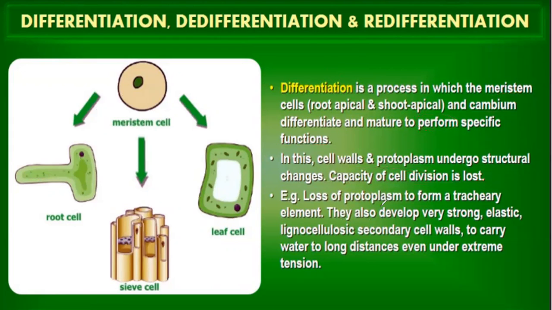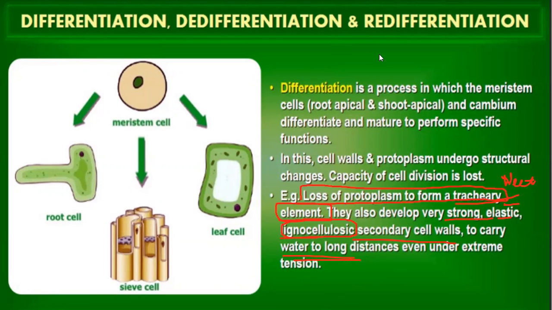For example, loss of protoplasm to form tracheary elements. Loss of protoplasm to form tracheary element, important, a previous year NEET MCQ. They have very strong, elastic, lignocellulosic secondary cell walls to carry water over long distances.